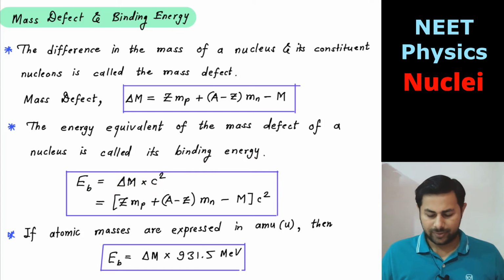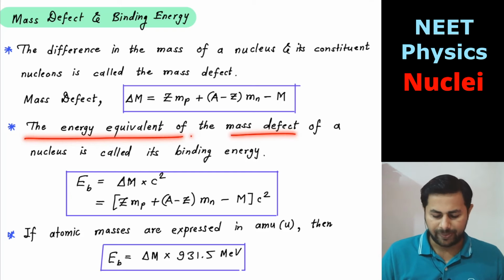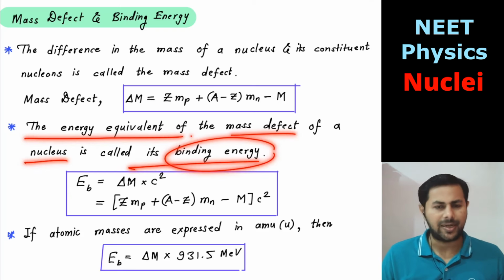Is this thing clear, everyone? Okay, good. So what is the binding energy? The energy equivalent of the mass defect of a nucleus is known as the binding energy.